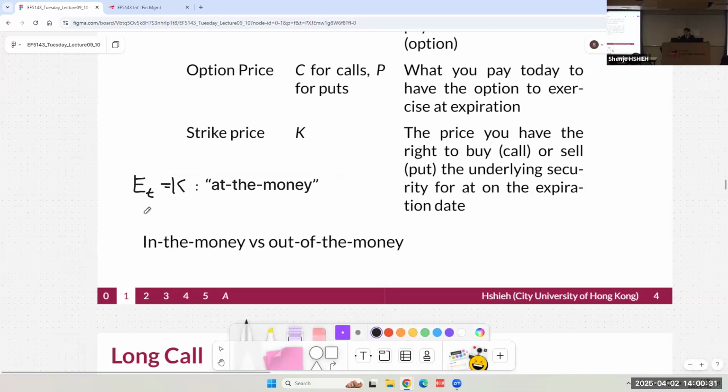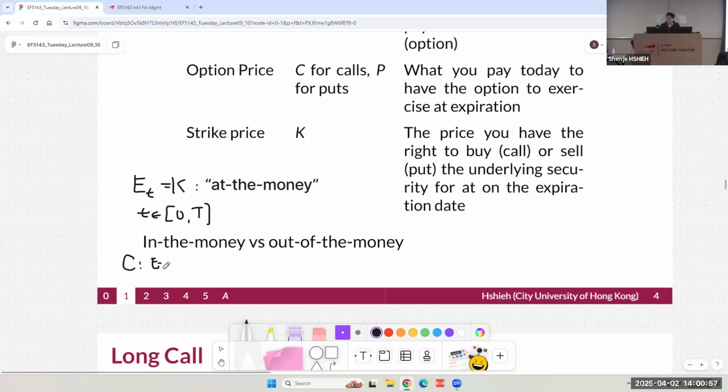So t is some time between 0 and capital T. Okay. In the money means that if you exercise the option hypothetically, if you could, you would yield positive payoff. So for call, this would mean that ET is greater than K. For put, that means K is greater than ET.